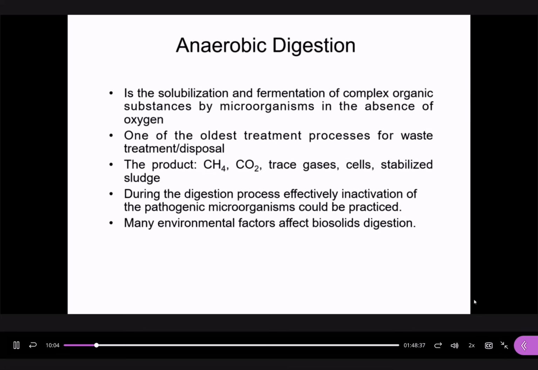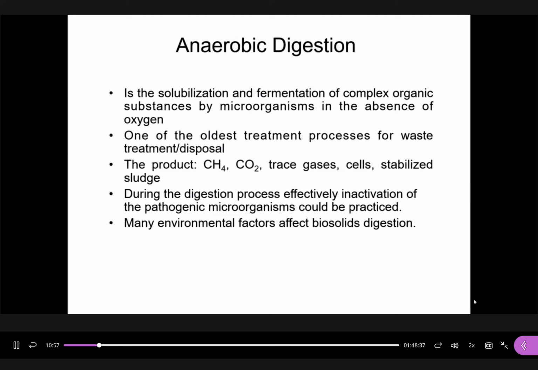What are the trace gases? We will learn. Perhaps hydrogen sulfide, and cells. Very similar to aerobic treatment, we have cells grown because of consumption of the wastewater organics. So here the anaerobic microorganisms convert wastewater organics into cells as well. But they have different metabolisms.